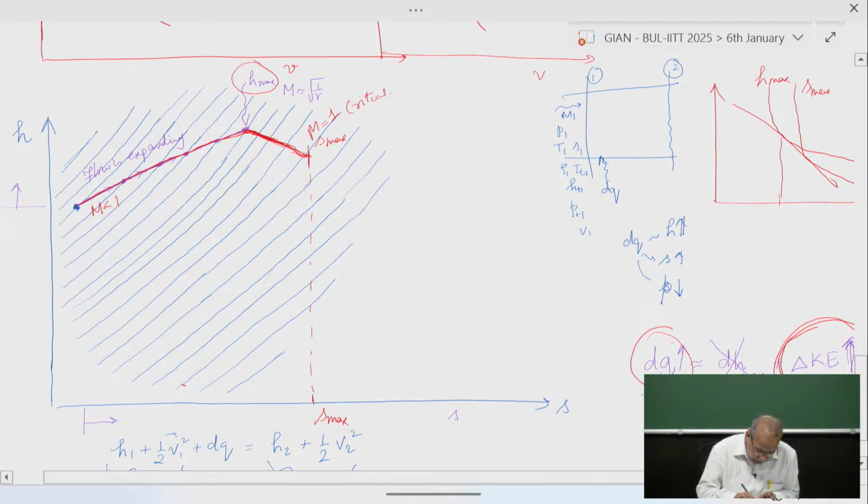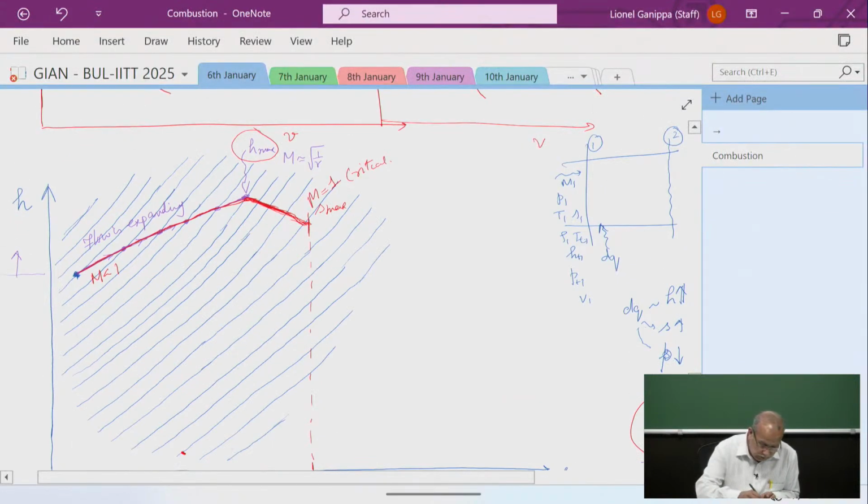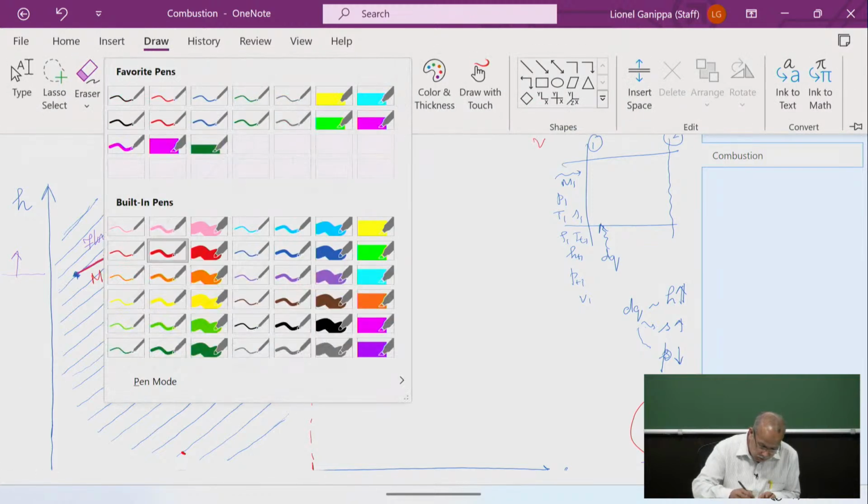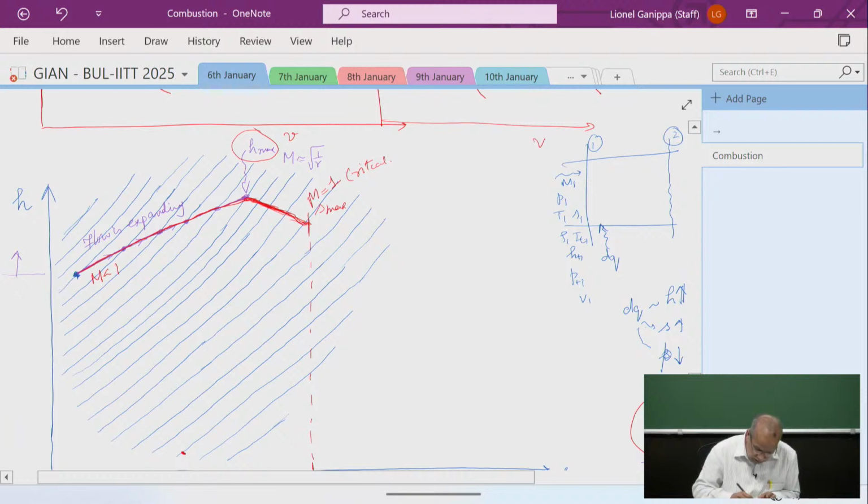So I need to start somewhere from here and go in the direction of increasing pressure. Here you can see this is the upper branch. What we see is the expanding flow. Now here I am going in the direction of increasing pressure, and this is the compressing flow.